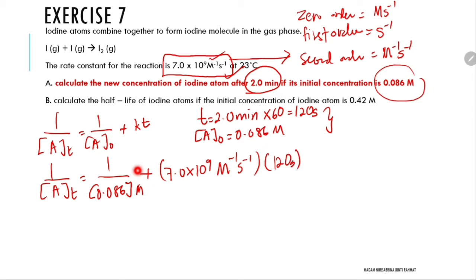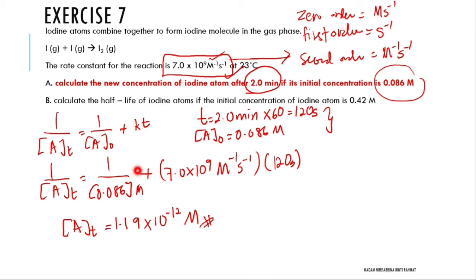You solve it by rearranging the equation, and you will get [A]t is 1.19 times 10 to the power of negative 12 molar. The unit is very important. It's compulsory in every kind of question that involves calculation.